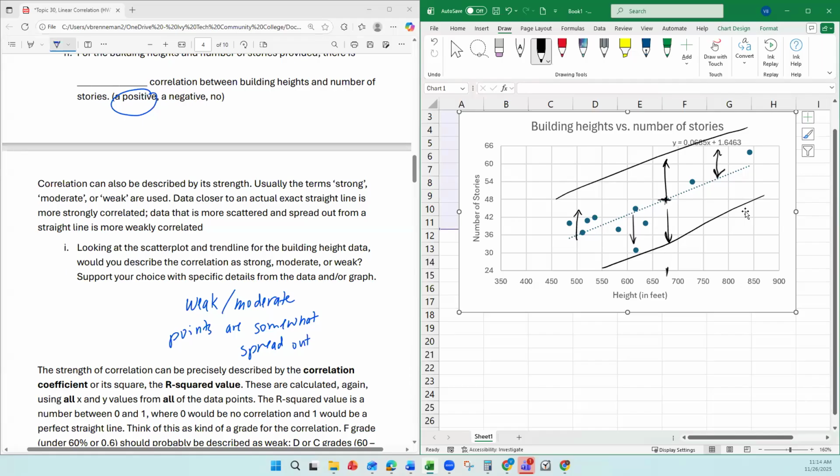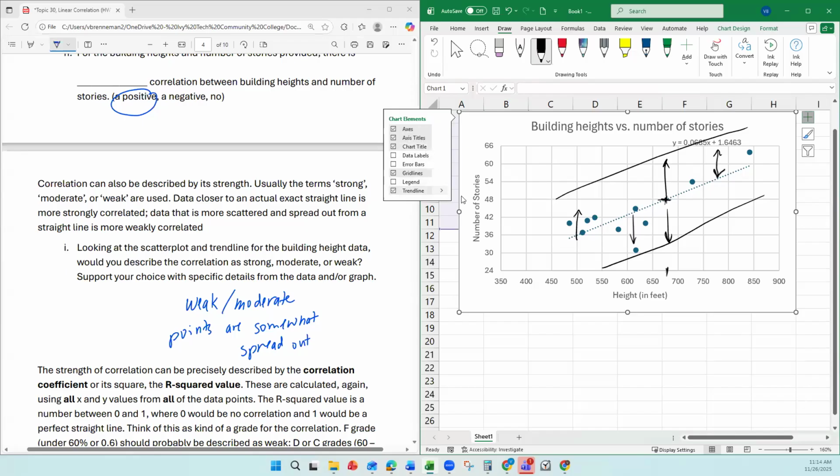The r squared value is a number between 0 and 1, with 0 being no correlation, 1 being perfect correlation, and then sort of the range in between. It works more like a percentage, like a letter grade, as far as it's not equally divided into weak, moderate, strong. It's more like anything 50, 60 or below is probably considered weak. Get into the 60, 70 range, moderate, 80, 90, strong.